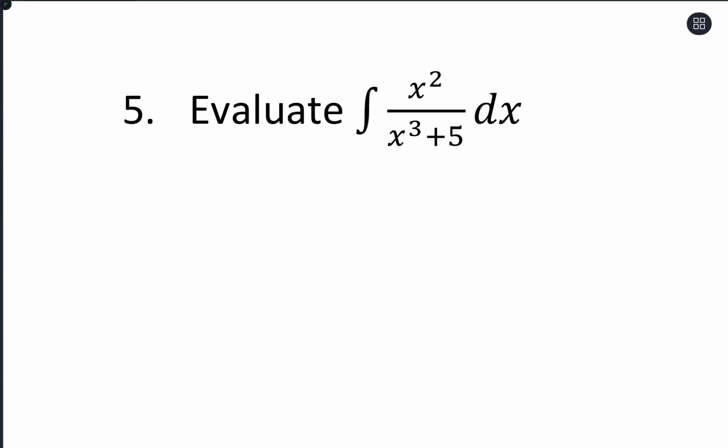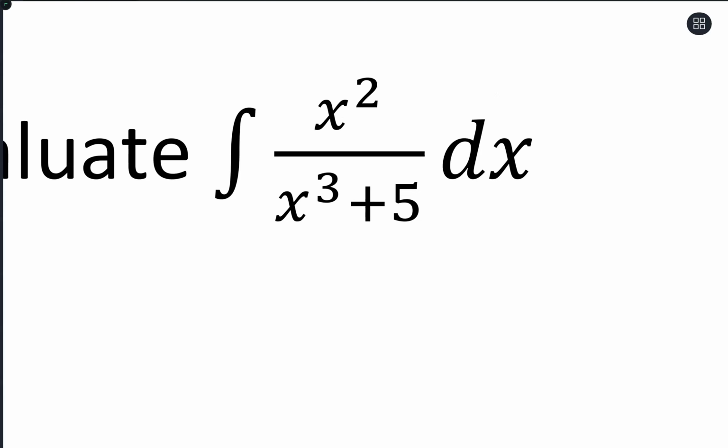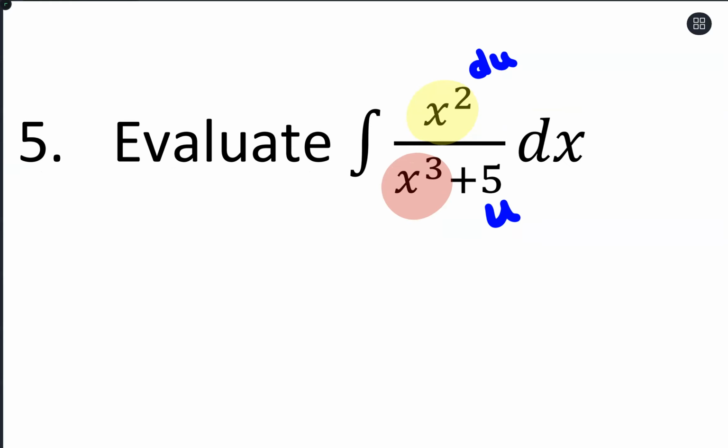More what I want to recognize is that if I start with x cubed, when I take the derivative, I'm going to end up with something in terms of x squared. So with u and then eventually getting to du, I'm liking the idea of this denominator x cubed plus 5 as my value for u, so that when I take du, I'm working with x squared. So I'm going to let u equal x cubed plus 5.